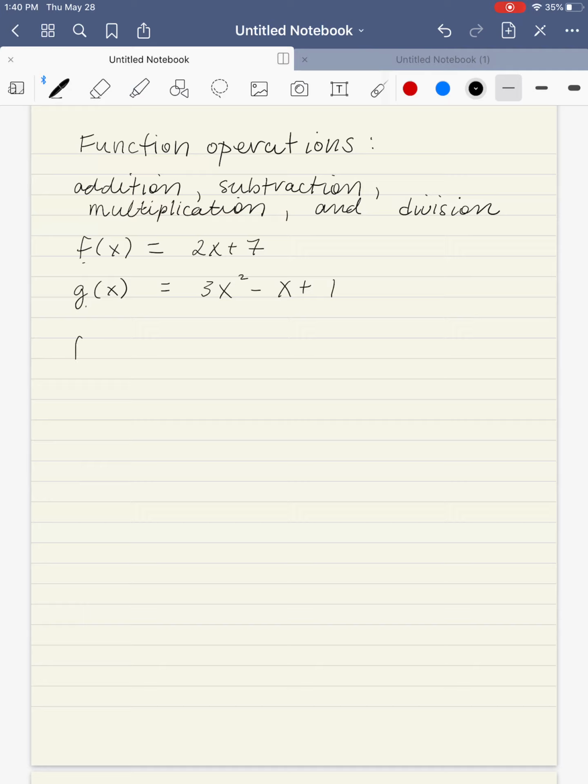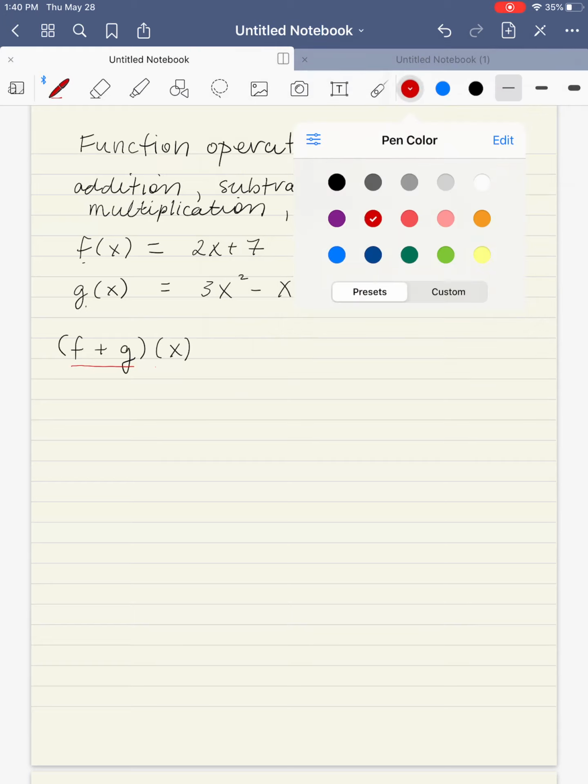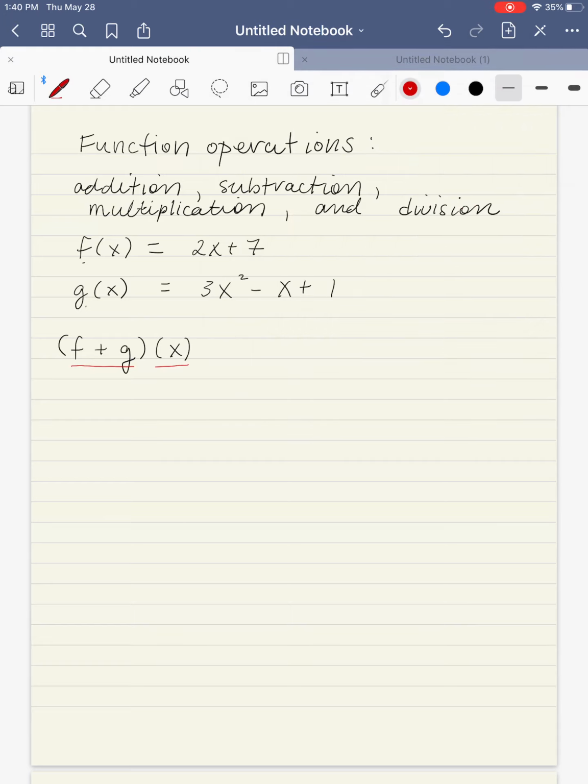So if I wanted to find a third function, f plus g of x, so this part here is the name of the function, f plus g. This part of x just tells me that it's a function with independent variable x.